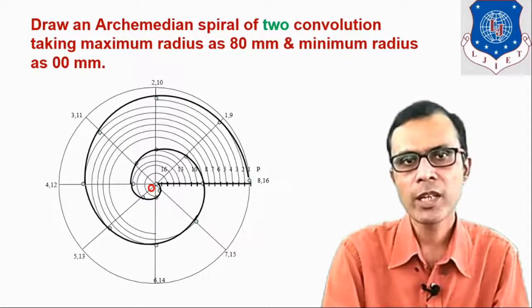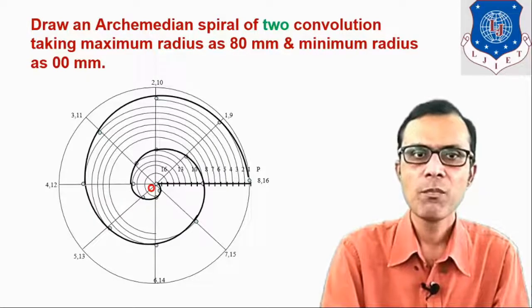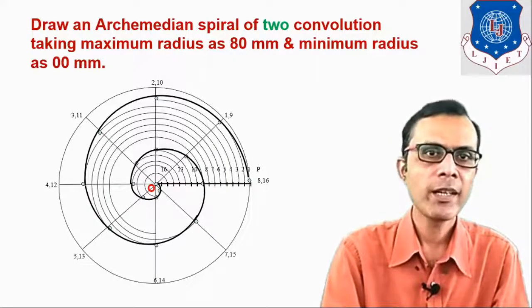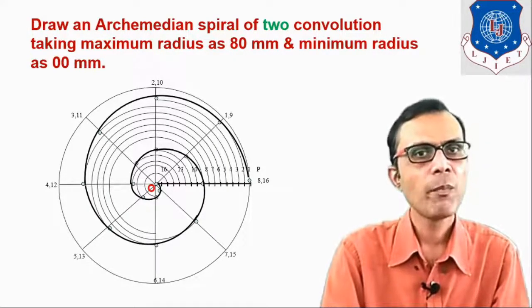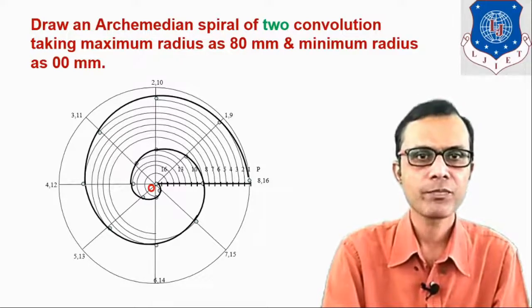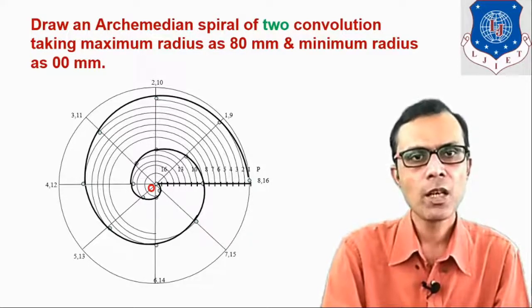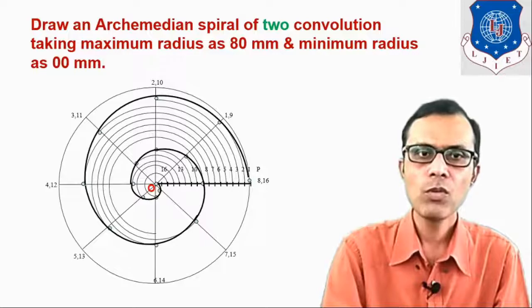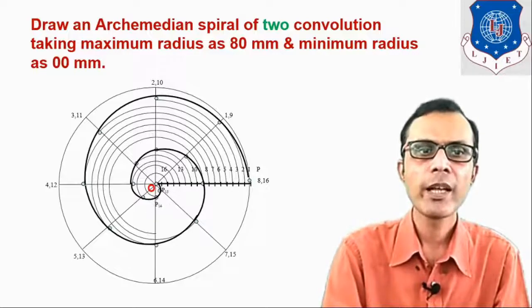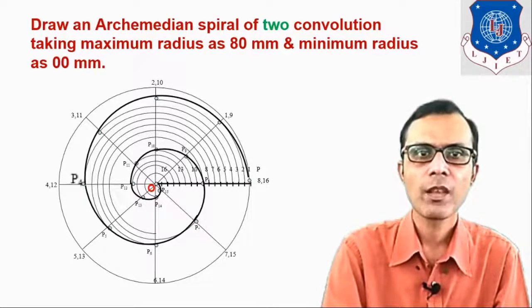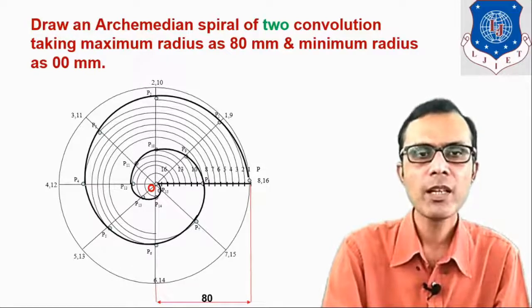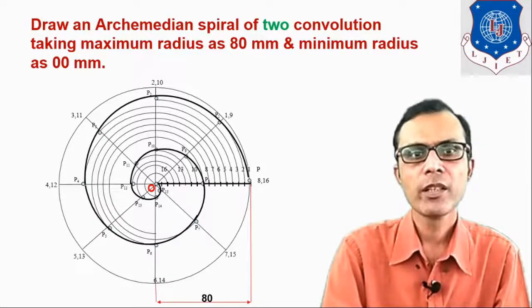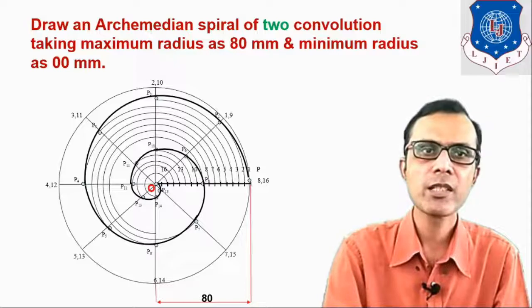The point is not reaching the center point, but it will reach the distance given by the minimum radius. So this is the complete procedure to draw the Archimedean spiral. Finally, we have to write down the dimension, the maximum radius 80 mm.